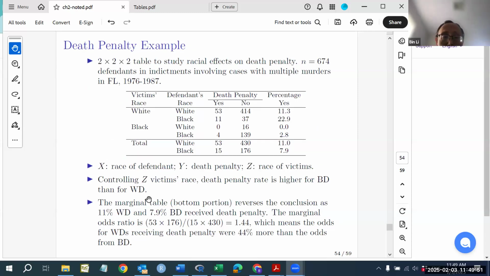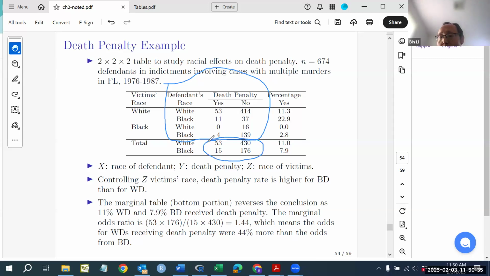For example, let's see the death penalty here. If we just look at the defendant's race and the death penalty from a study in Florida 1976 to 1987, and we combine these together without looking at the victim's race, then the marginal table will be this one.